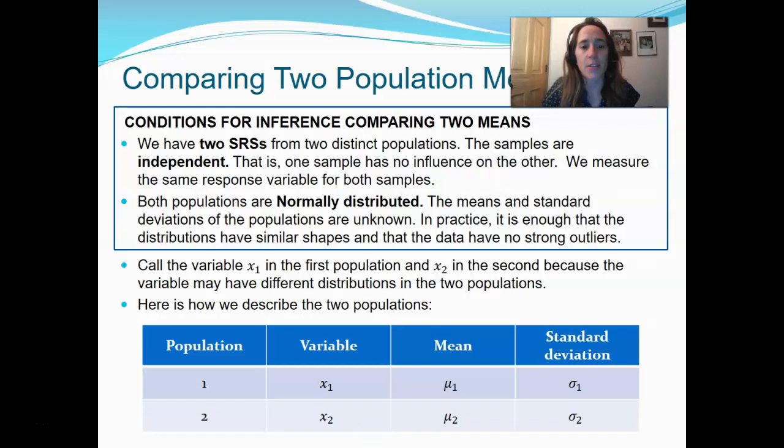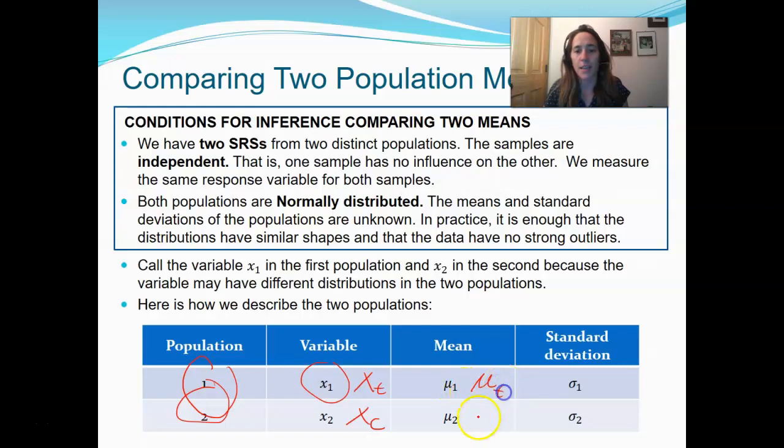Here's how we describe the two populations. We have population 1 right here, and population 2, with the variables x sub 1 and x sub 2, but like I said, maybe it's x sub t for treatment and x sub c for control, and you can give it whatever name you want. If you do this, then for the means it's mu sub t and mu sub c.